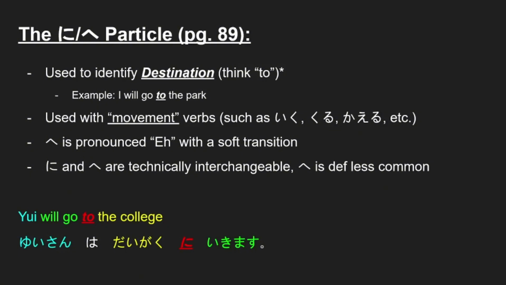Is that more common than the other one, or is it just because we're being introduced to particles now that it's easiest to delineate them? Yeah, pretty much. Because as we'll get into on the next slide, we have already started using ni and de for two different functions. You've just gotta come to terms with it.